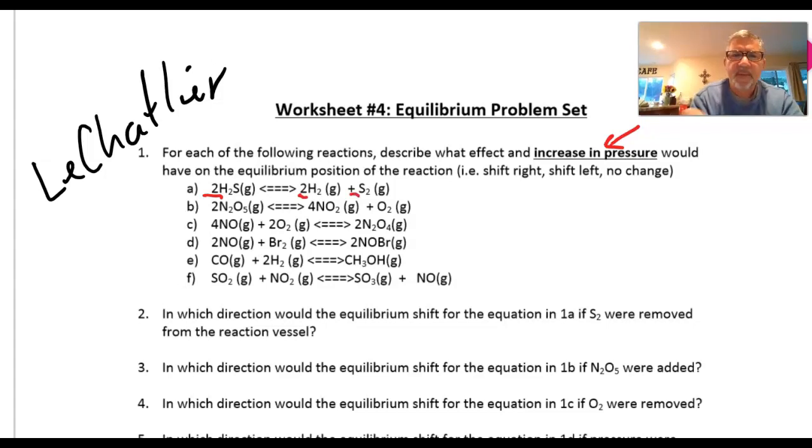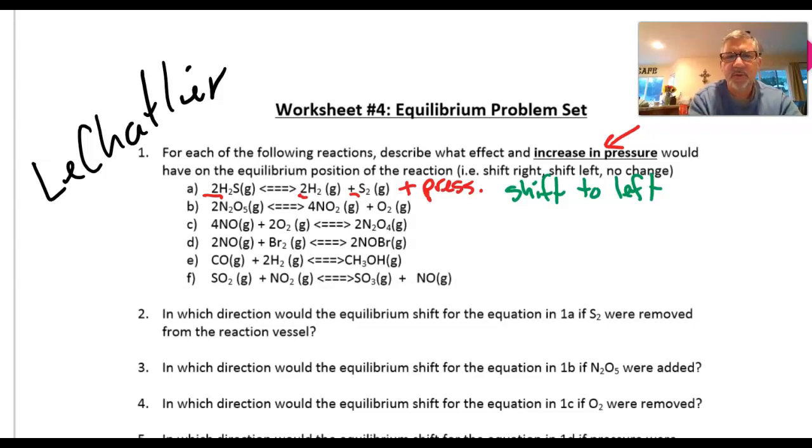So if I increase pressure, I have more moles of gas in the product than the reactants, so this should shift to the left. Since pressure is a product here, if I add more of a product, it should push it to the reactants.